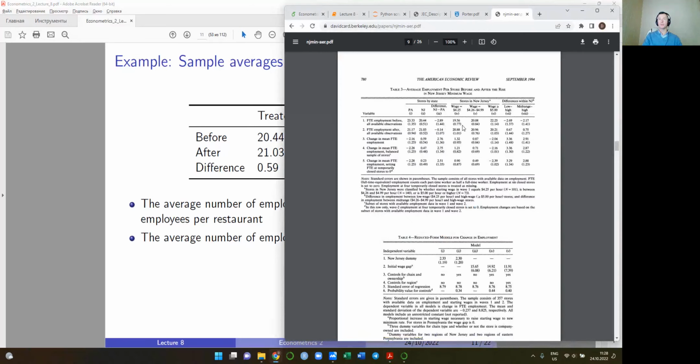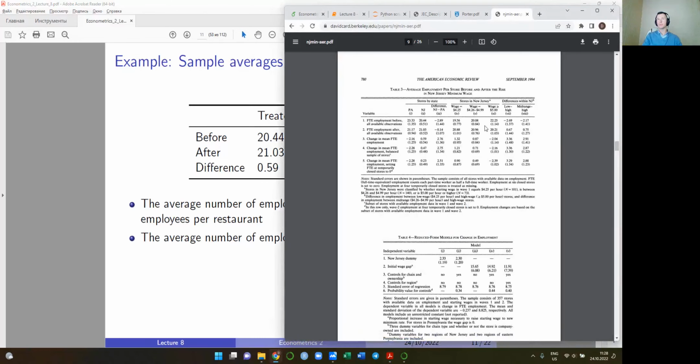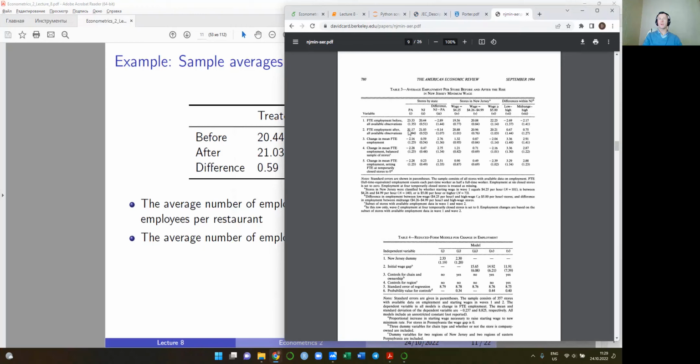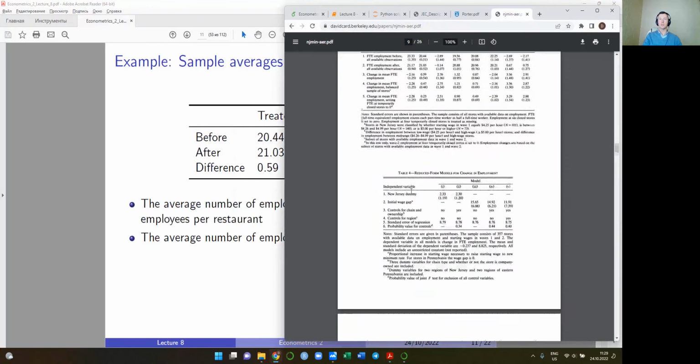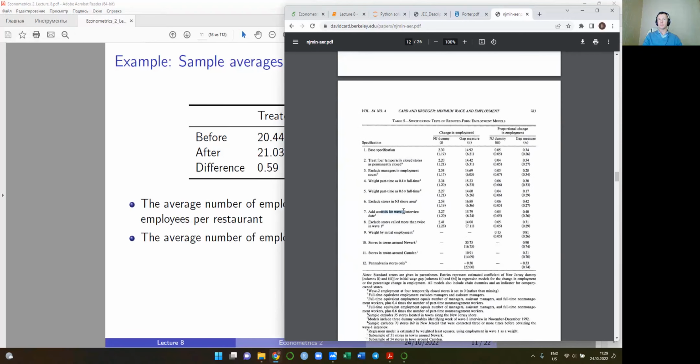In New Jersey, the same, 2044, not able to find it here. So there are different groups of employment, so probably it was not every, yeah, here 2117, 2103. You see that they built many other things additionally here, and look, they add control variables, a lot of control variables here.